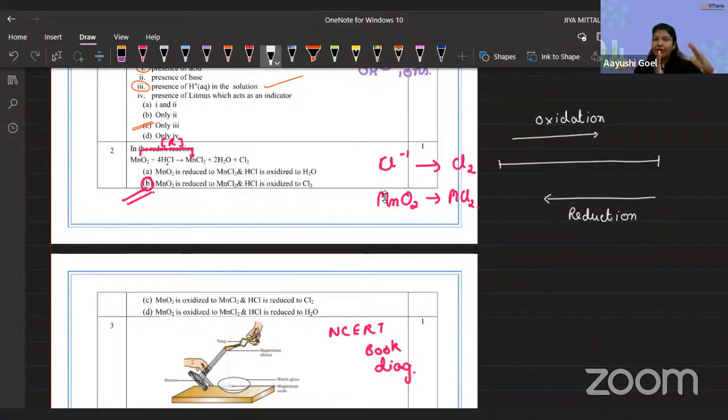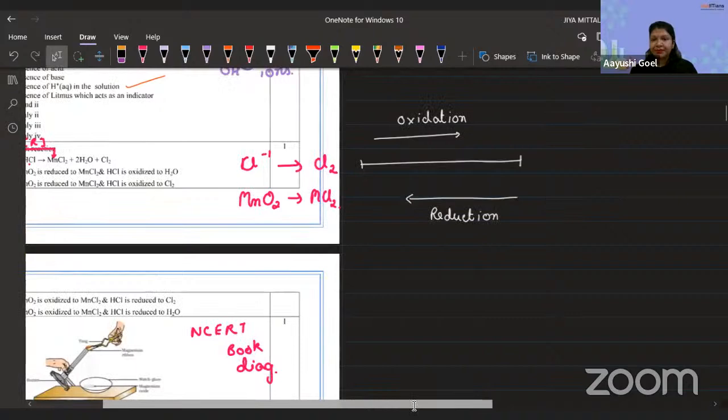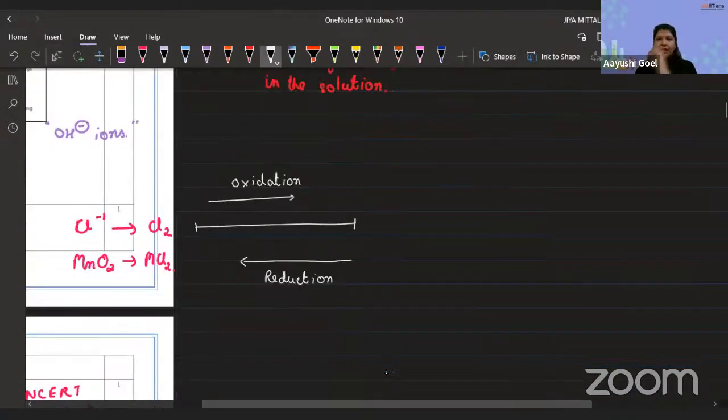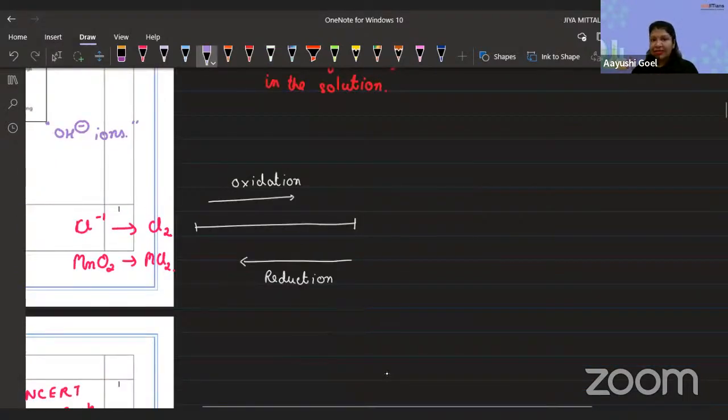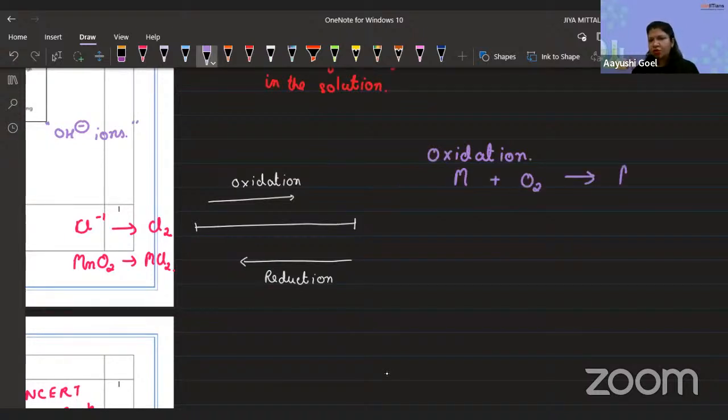But according to the 10th level, oxidation is basically only addition of oxygen. So oxidation is when in any compound M, you are adding oxygen to give MO.